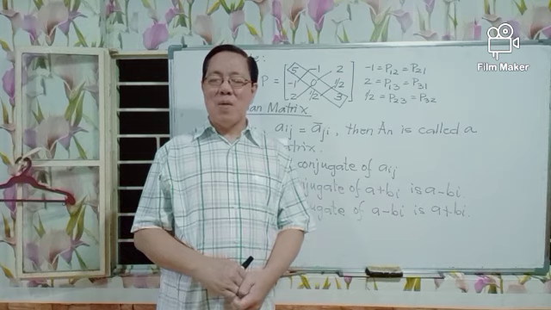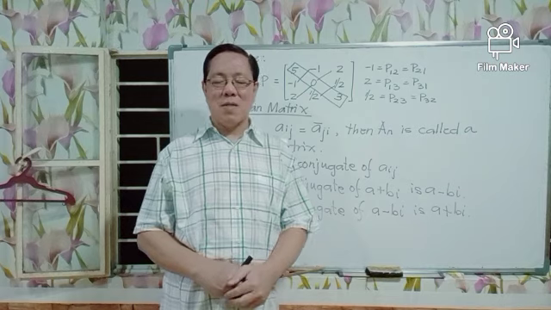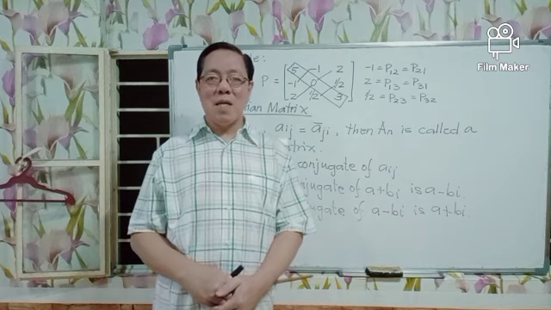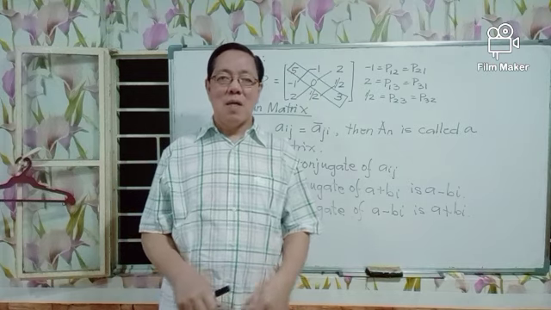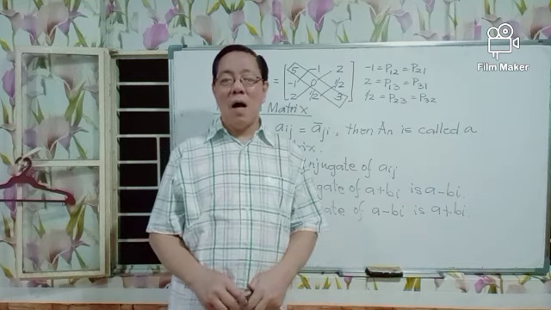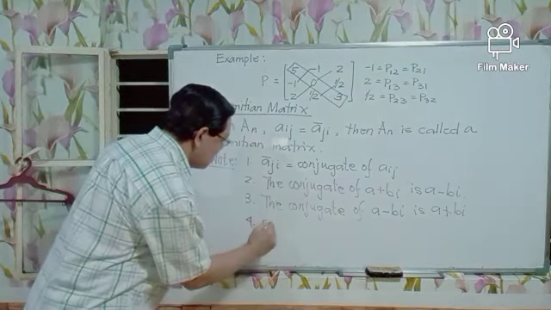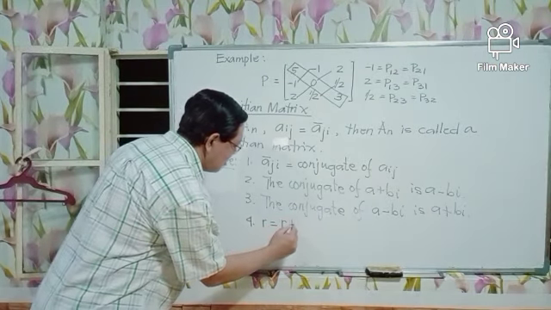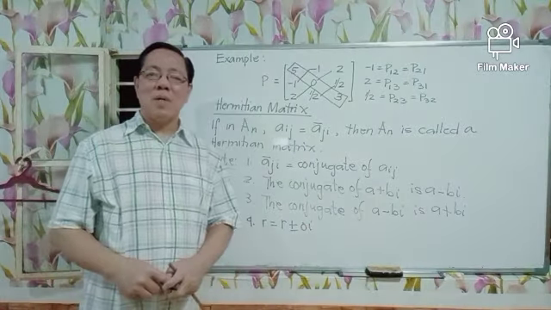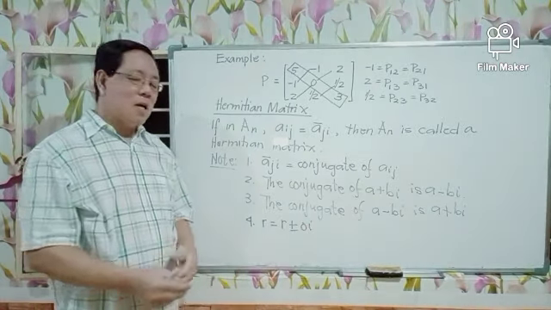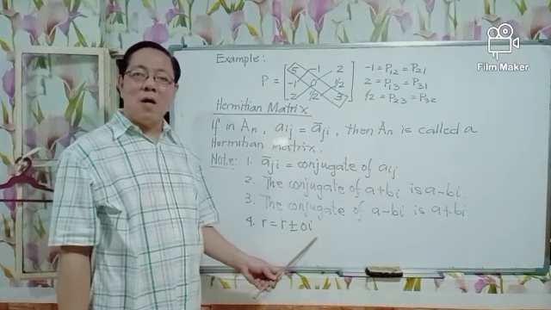Now, we said before in algebra that the set of real numbers is a proper subset of the set of complex numbers, which means that every real number is a complex number, because every real number R can be written as a complex number of the form R plus or minus 0i.